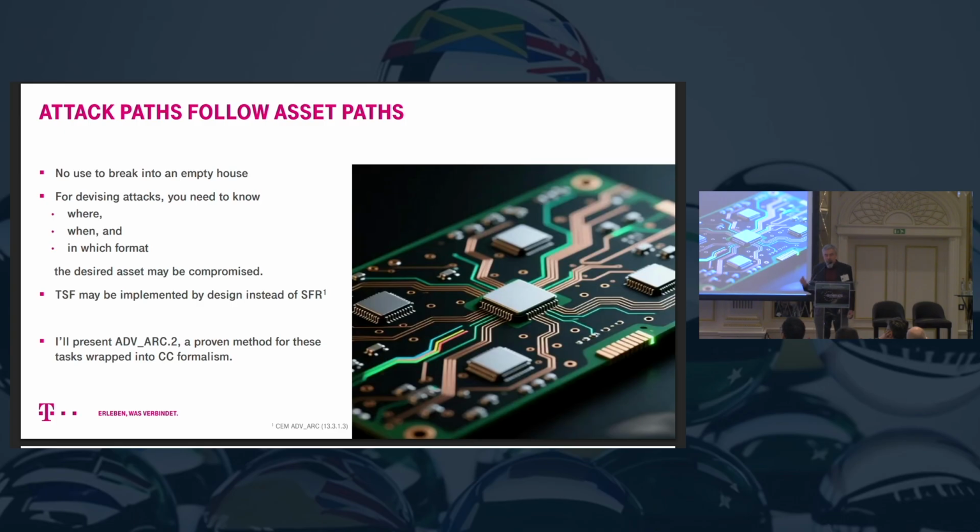So the first point on the slide is there's no use to break into an empty house. When you want to devise an attack, you need to know where the assets are, when they are there, and of course in which format, so what to expect. When you consider Common Criteria, this is not much of a deal.